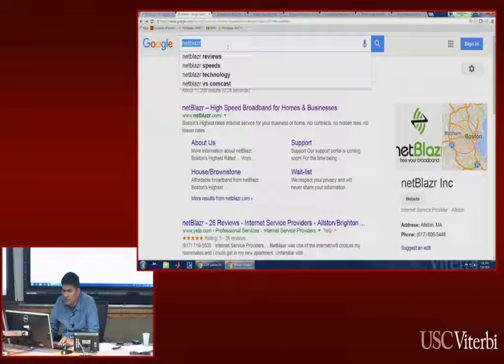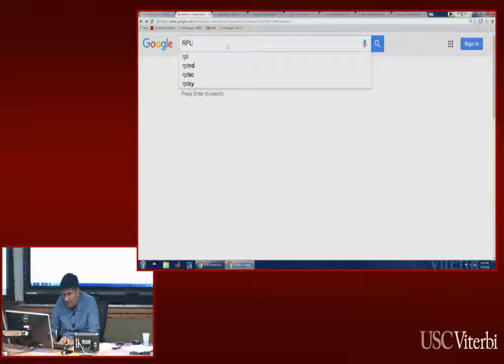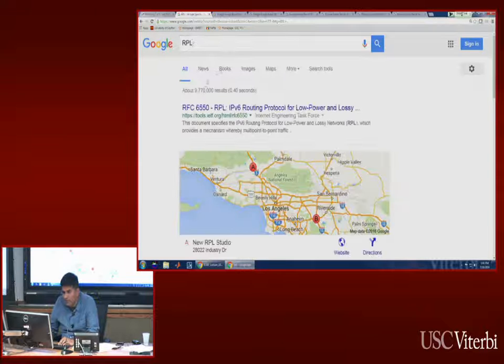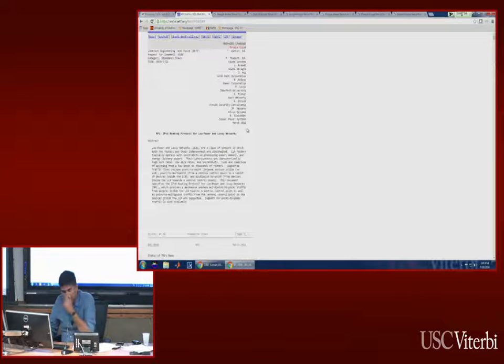These are not commercial deployments, but there is a lot of interest in it. There is a routing protocol called RPL, for example. Here's a CFP for RPL. It's basically a routing protocol that's meant for these types of low power and lossy wireless networks.